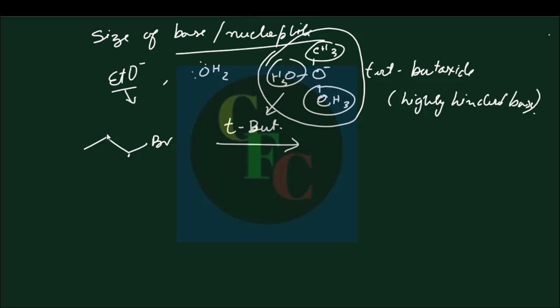As such, it will rather approach the beta hydrogen and abstract it, and you get more of this kind of product rather than the substitution product. So by the use of this highly hindered base, or bulky bases, we can push our balance towards elimination reactions rather than substitution reactions.